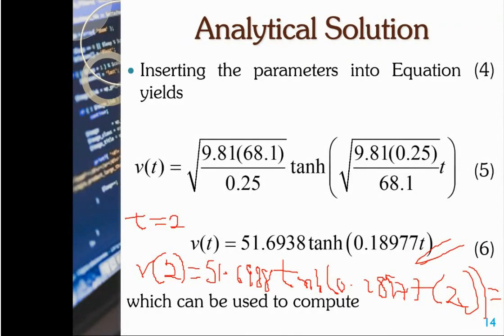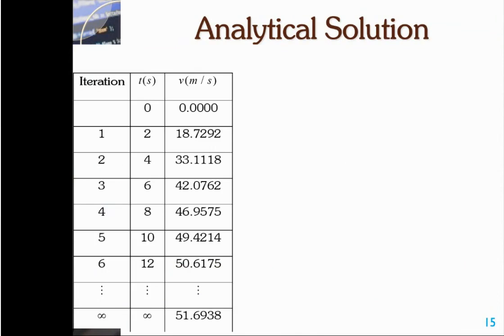After going through this, once you compute it, you are going to get for time 2 seconds 18.7292. In that same vein, because we are estimating for the first 12 seconds, we have to determine this velocity at several times up to about 12 seconds.